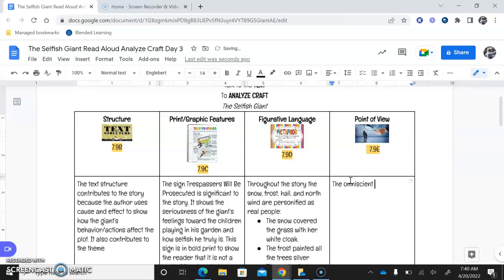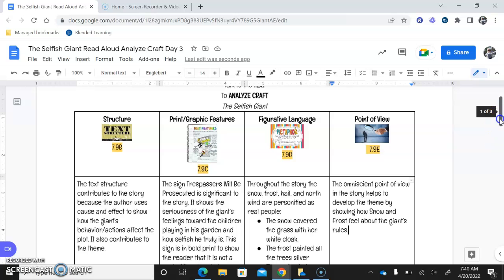Omniscient point of view in the story helps to develop the theme by showing how Snow and Frost feel about the giant's rules. They saw that he was going to be selfish, and they knew that was going to be their opportunity to really run wild in his garden.